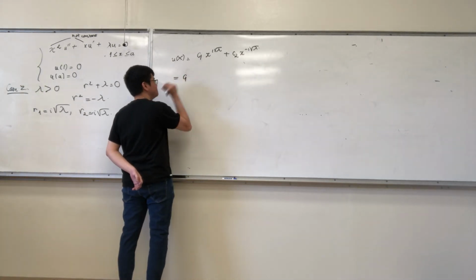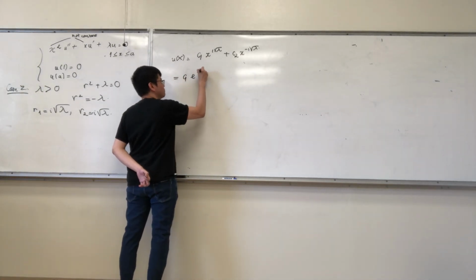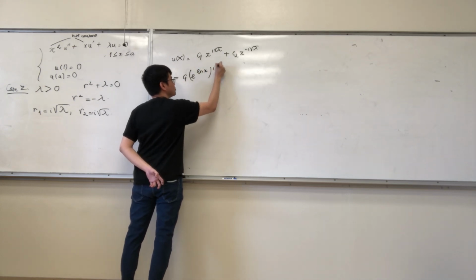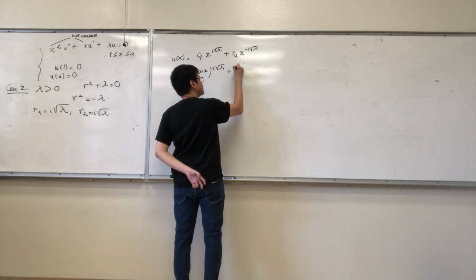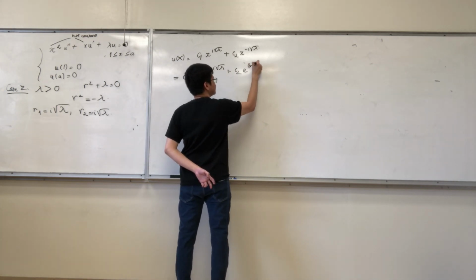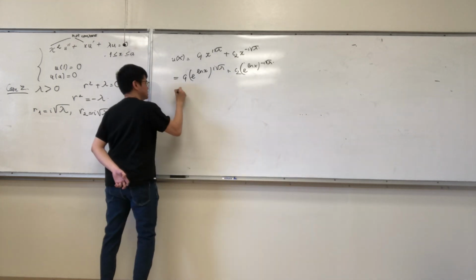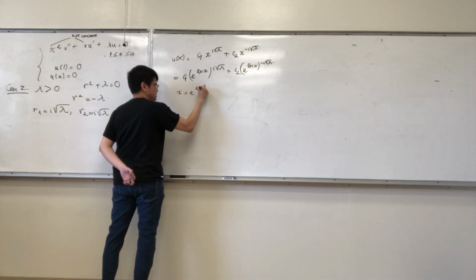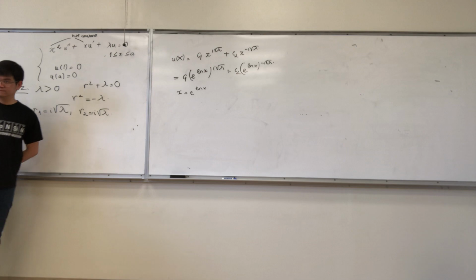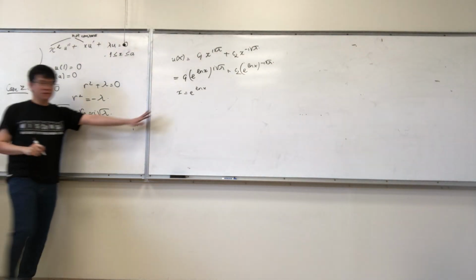This is c1 e to the log x to the power i square root of lambda plus c2 e to the log x to the power minus i square root of lambda, right? Because x is e to the log x.